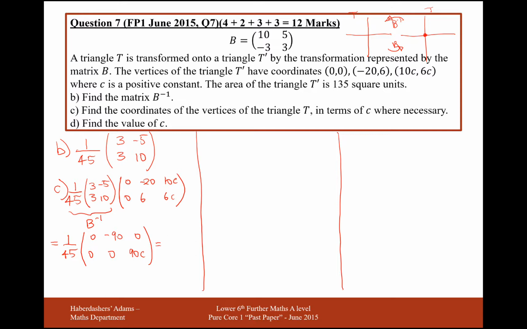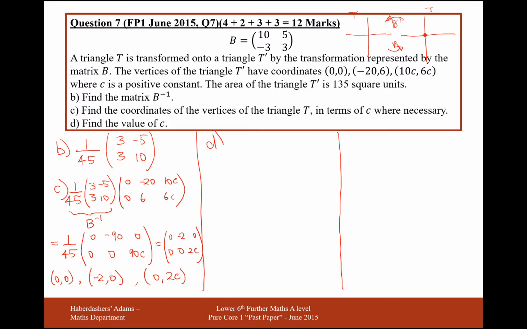So after we simplified this, we're going to get 0, 0, minus 2, 0, 0, 2c. Find the coordinates of T. So we'll write out those coordinates. 0, 0, minus 2, 0, and 0, 2c.